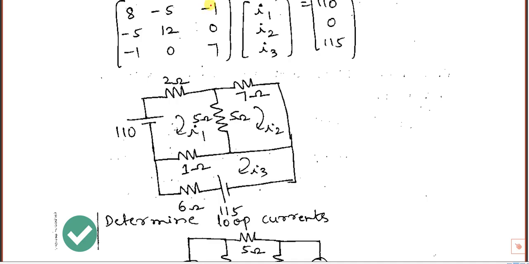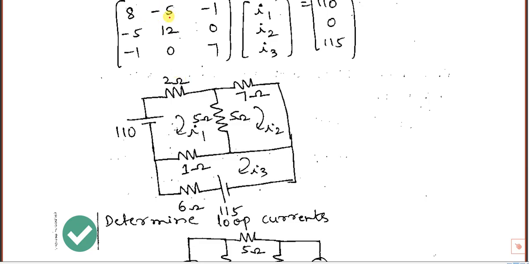Suppose this is 0, then you have to write mesh 3 here. There is no connection from mesh 1 to mesh 3 in that case, but here there is a connection from 1 to 2, and a connection from 1 to 3 also. So this is mesh 1, mesh 2, mesh 3. Write three boxes like this. So the common elements you have to write first.